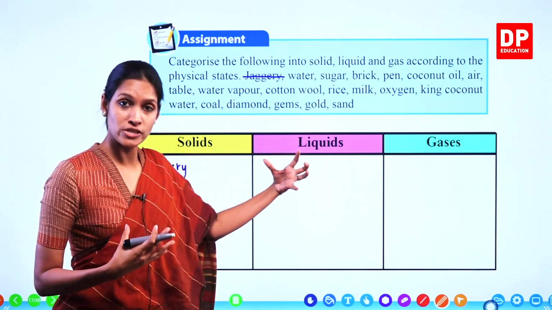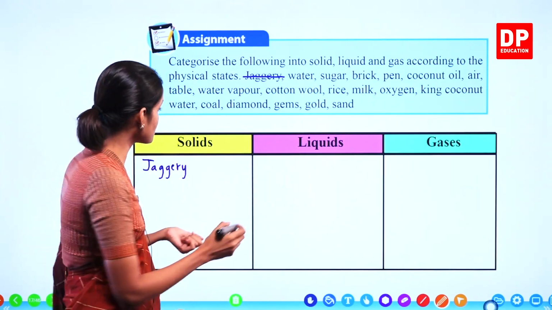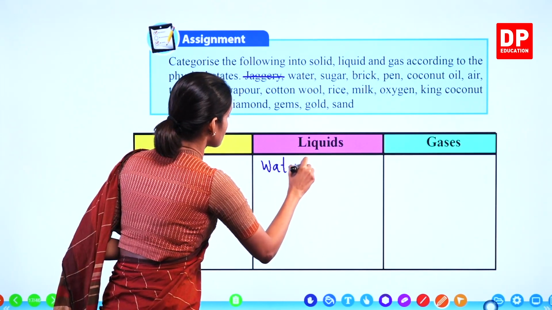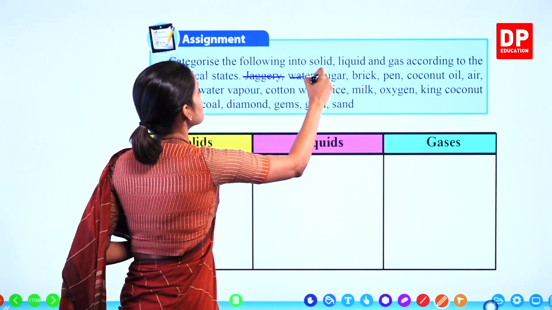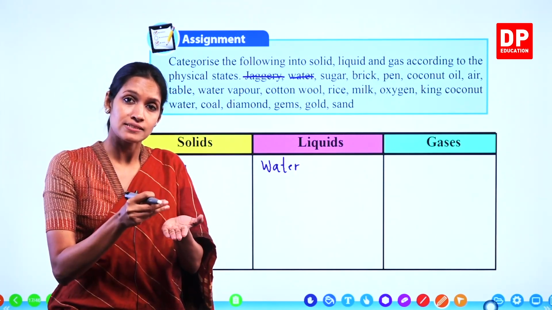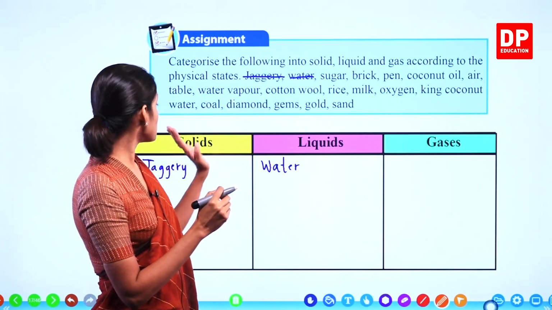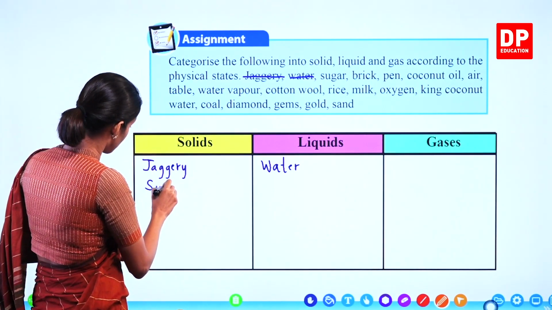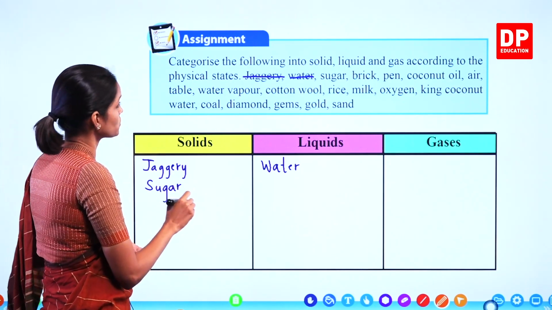Water. Water is a liquid, right, children? Water goes to this column. What about sugar? Sugar also, it's hard. We can feel it, right? Therefore, sugar is also coming under solid things.